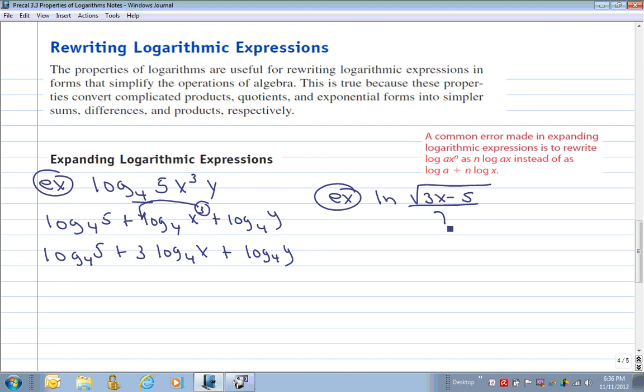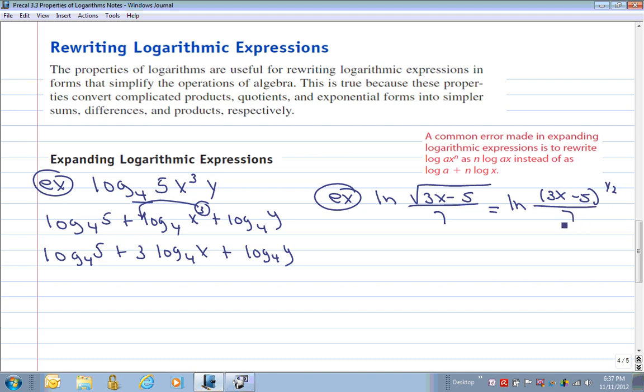The first thing we're going to do is rewrite our square root as a power. That's not something you might think to do if you had not seen it, so please pay close attention. So we would have ln of (3x minus 5) to the 1/2 power, all over 7.